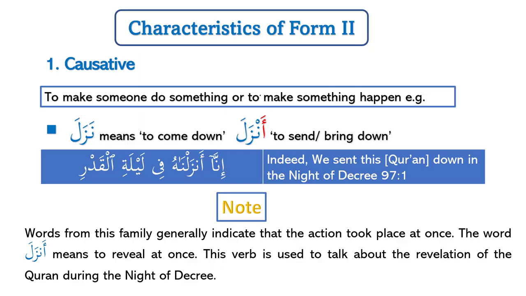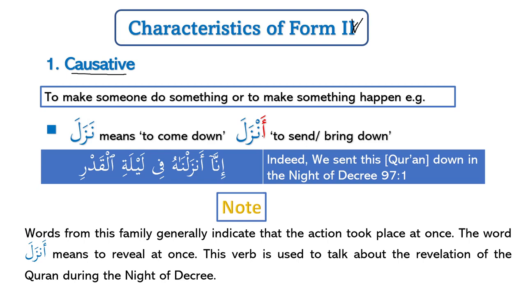Now we move on to the characteristics of form 4, as we can see over here. Number 1, it's similar to bab 2, taf'il. It is causative, to make someone do something, or to make something happen. For example, nazala means to come down, and anzala means to send or bring down.